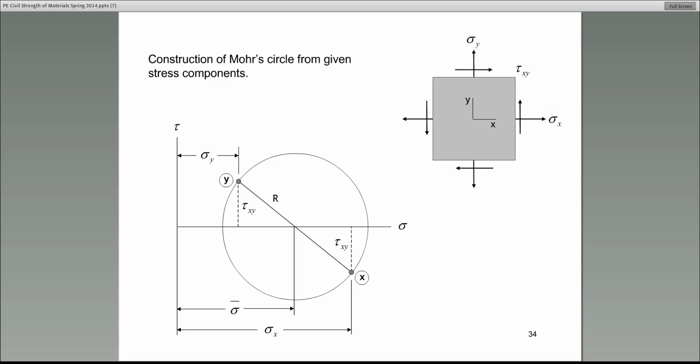One method that I told you I'll share with you is called Mohr's circle. Mohr's circle basically is a graphical solution to this problem. This is what I'm going to show you. We need to learn how to transform that state of stress, that square on the top right, to this circle.